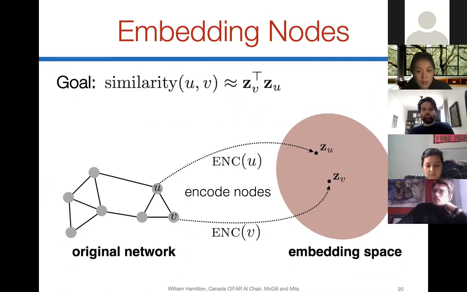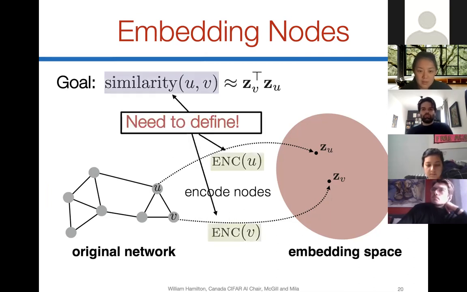So we can think of this mathematically as saying that I want the similarity of nodes u and v in my original graph to be approximated by the dot product. So I have a vector representing node v and a vector representing node u, and I'm taking the dot product. So just the element-wise multiplication of these things and then summing all the entries together, which is basically analogous to the distance or the similarity. It's kind of 1 minus the distance between these two vectors or these two points.